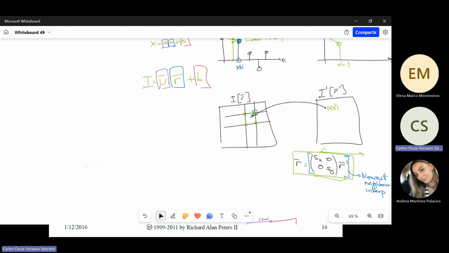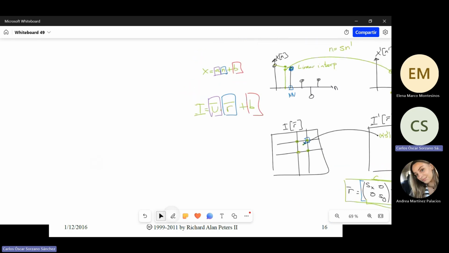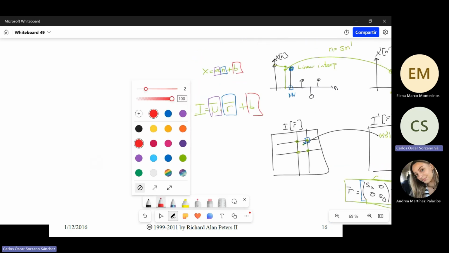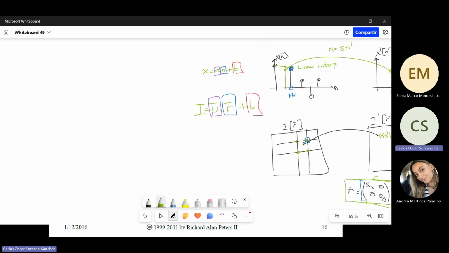So what do you know of planes? Let's say that our coordinates are x, y, z. You know that a plane is typically represented in this way: ax + by + cz = b.